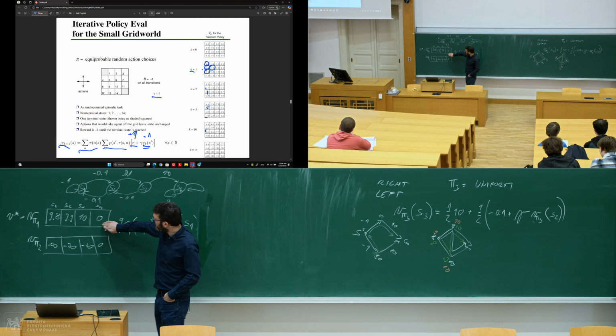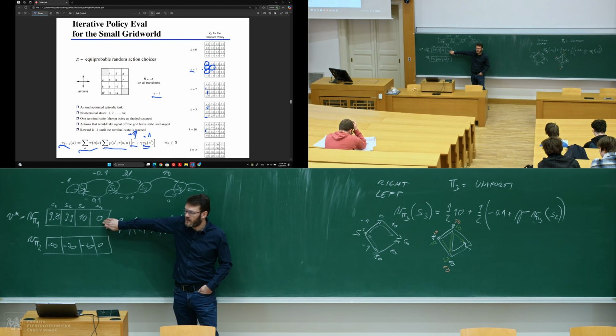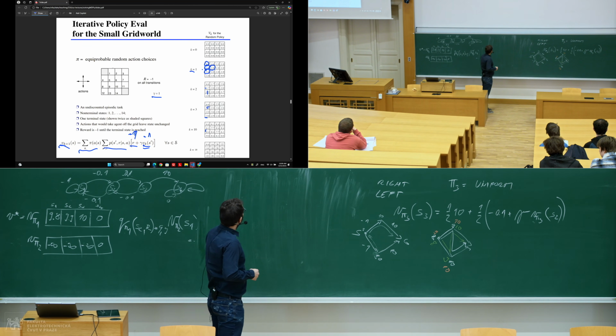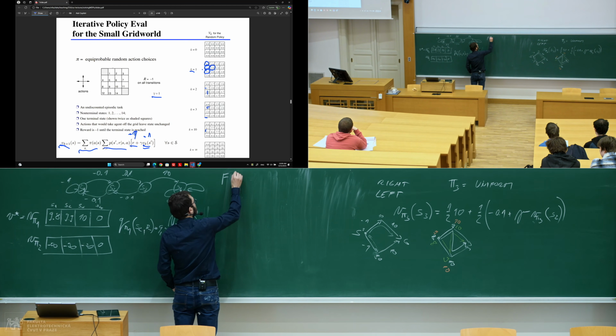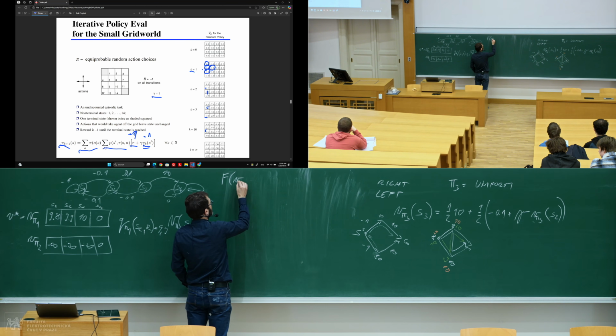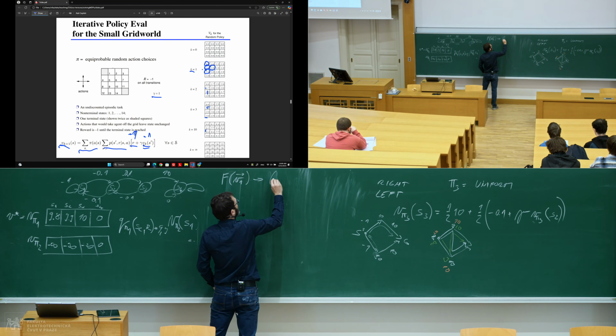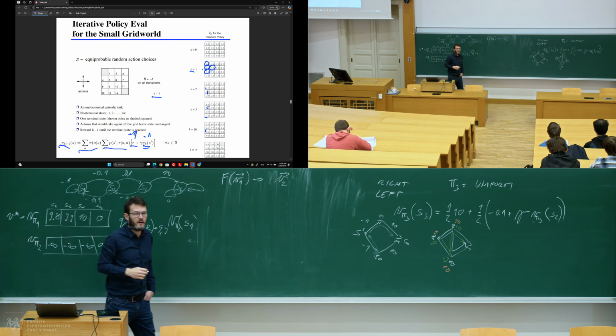We are looking at these value functions as vectors because we will want to run functions on vectors as the input. You can take some function f, which will take some value function at time 1, which is a vector, and return a value function at time 2 as a vector, right?